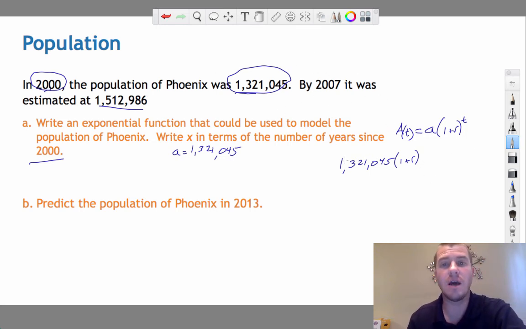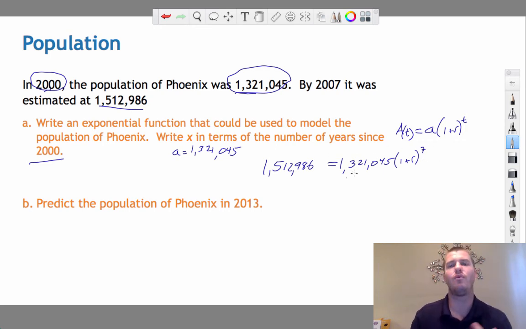But I know the amount in 2007, and that's going to be my A of T, so that's 1,512,986. And that represents the population after 7 years from 2000. So I put 7 here, and now I only have one variable and I can solve for it.